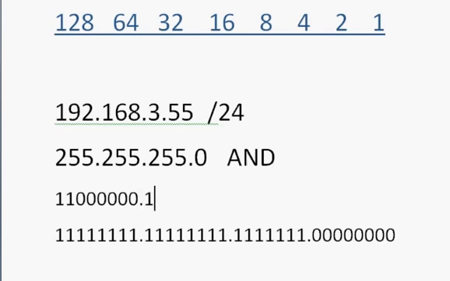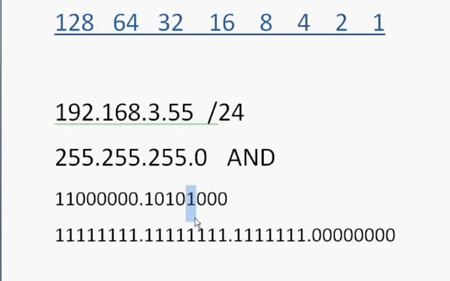Yes. 128 plus 32 is 160, right? So I don't need a 16-bit, but I do need an 8-bit. And now I have the number 168 in binary. 128 plus 32 is 160, plus 8 is 168.